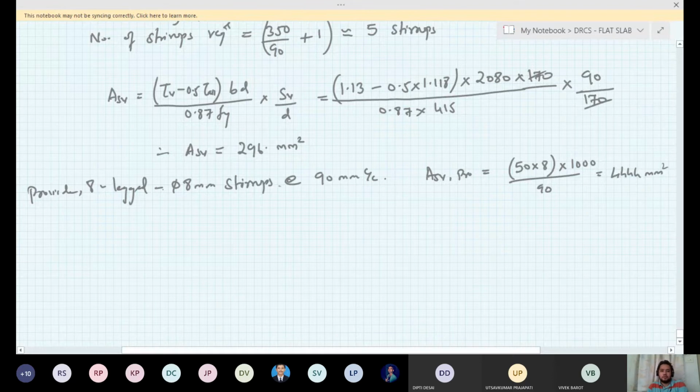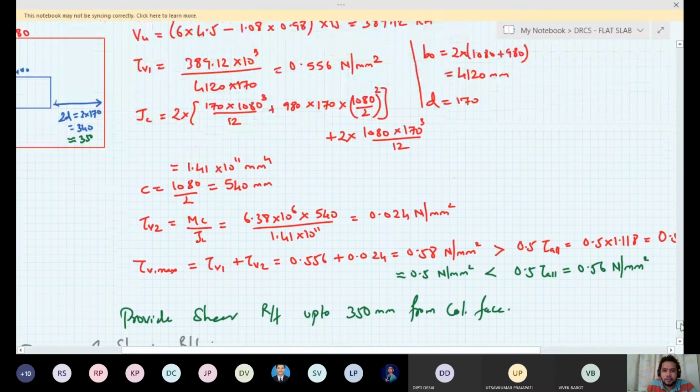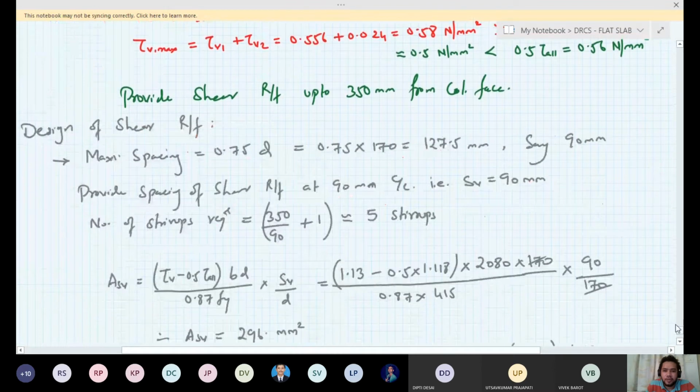against this, because we have used 8-legged stirrups. Okay, and such 8-legged stirrups, and we will be providing 5 rows of such stirrups.